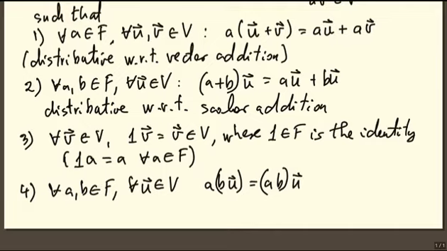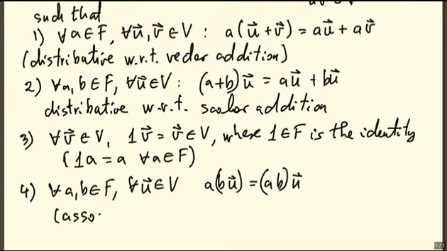And it's important that when you multiply the vector u with b, you get a new vector. You can scalar multiply it with a. And this identity says that instead of that, we could just multiply u with the product ab, which is another scalar. This is called the associative property of scalar multiplication.